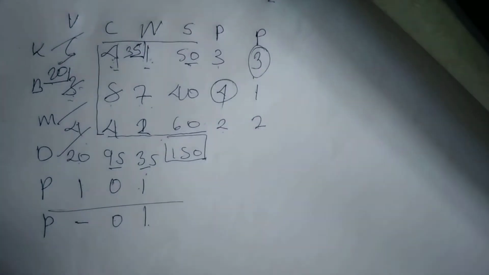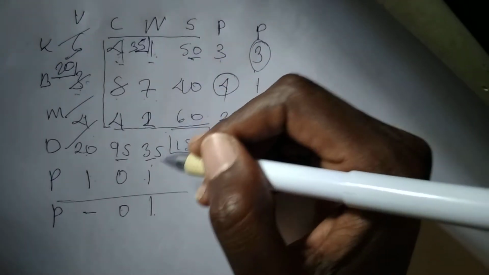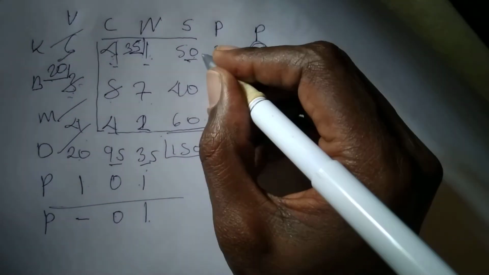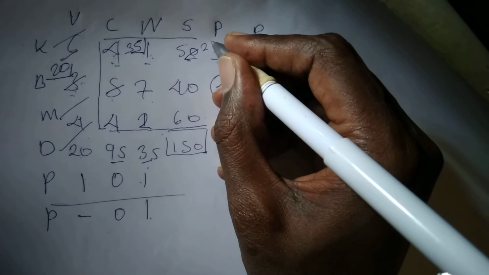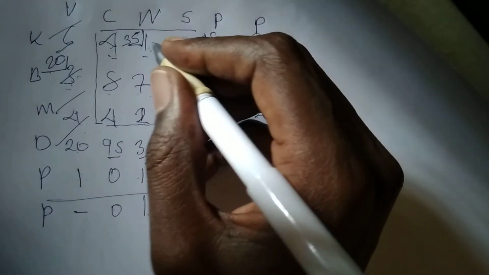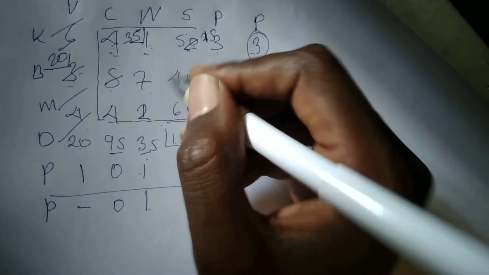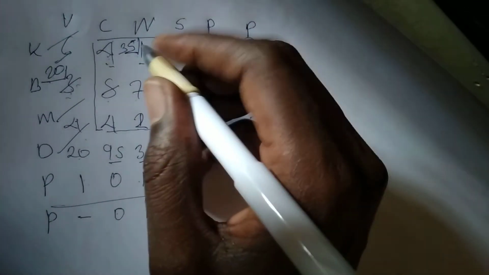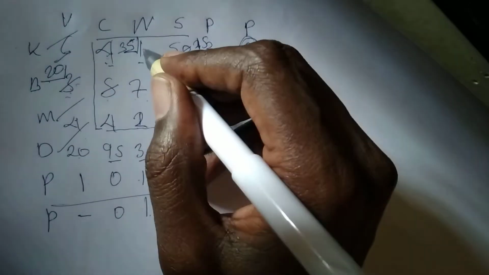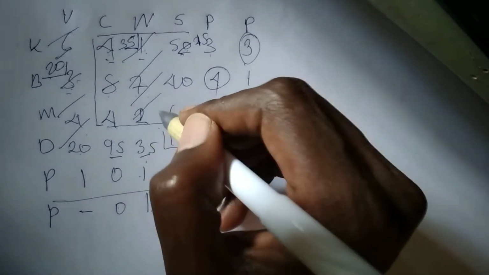So we do allocation of 35. 35 has been exhausted. 50 minus 35, you remain with 15. So meaning that in our valuation, we are done with this column. This column has been exhausted.